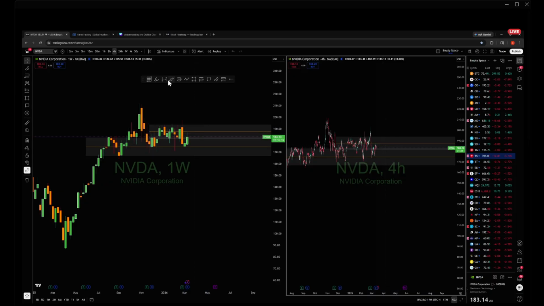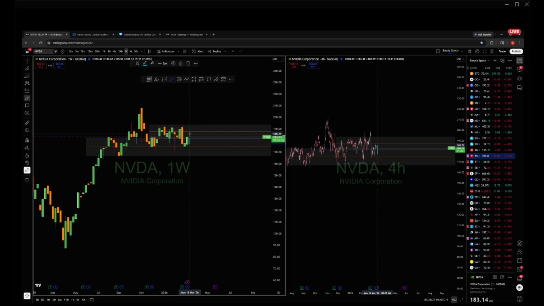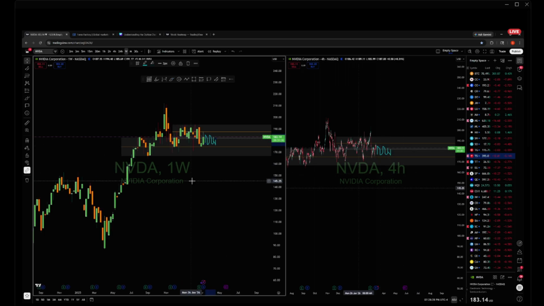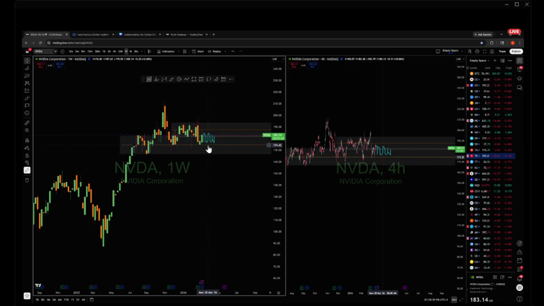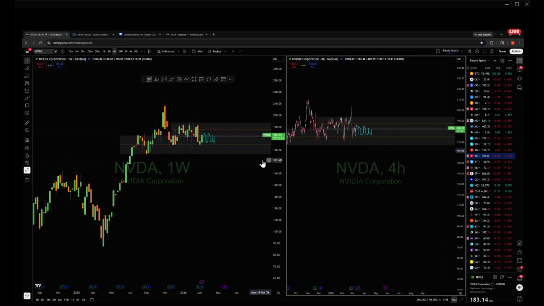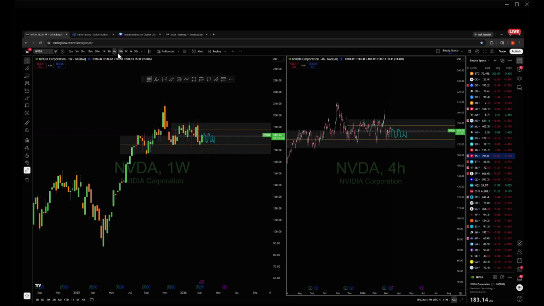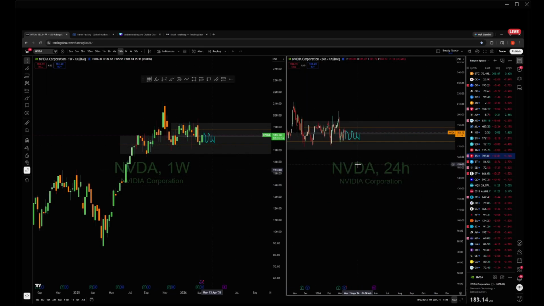But what this does also have you is pinned, and it would be very easy to keep price stuck here. However, I do not at all underestimate the fact that if 175 on the weekly is broken, which by the way, again, translating this down to the lower time frame would be much different, right?